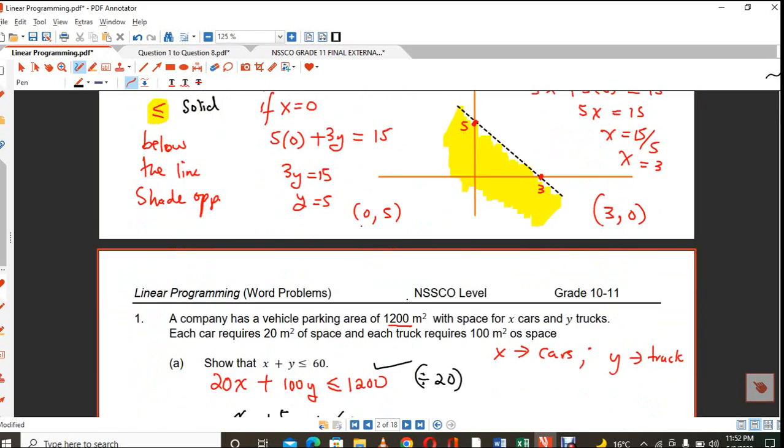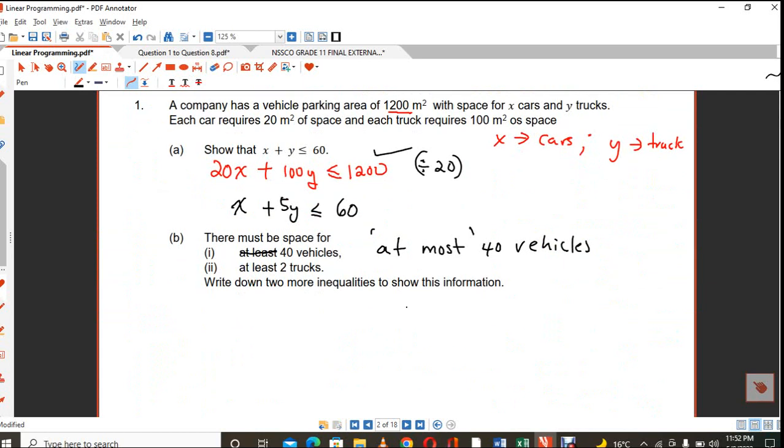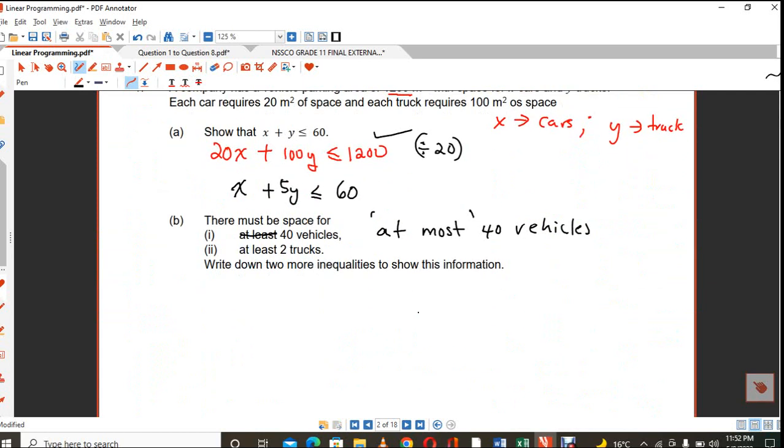The question said "at least", but now we said you must say at most, so it must be less than or equal to 40 vehicles. What are the vehicles? It's x, that is the cars, and y, that is the trucks. That is one inequality. Just correct that one in your book.